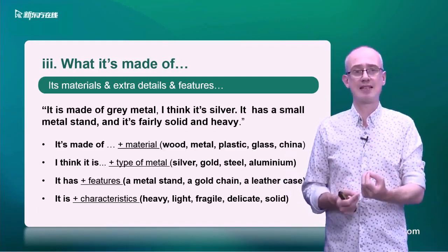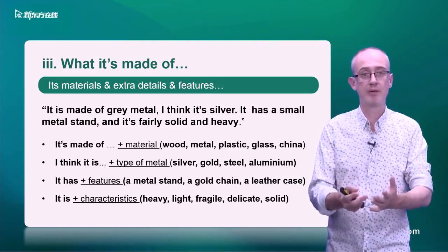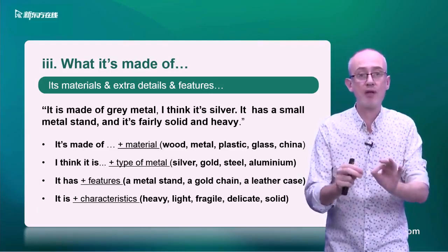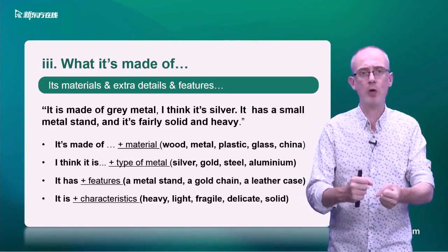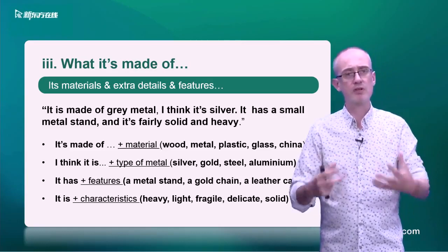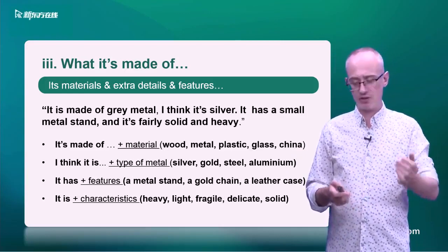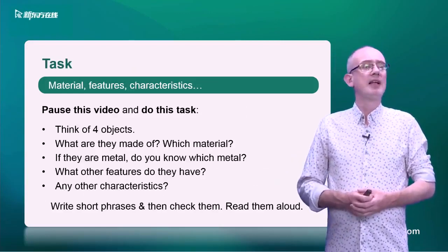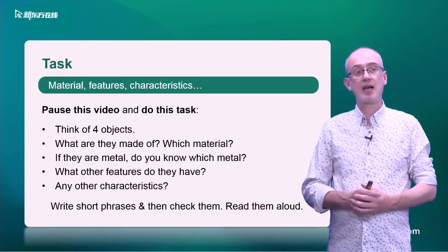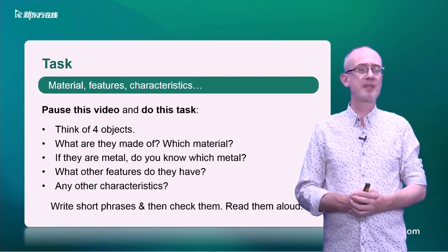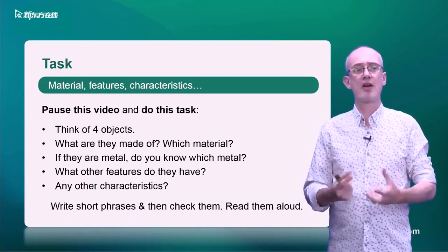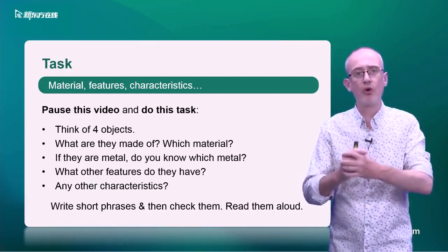It is very heavy, very light, very fragile and delicate, solid. So use these normal phrases and use them well to describe objects. Task. Yes, again, another task. Pause after the frame: materials, features, characteristics. So think of 4 objects again.